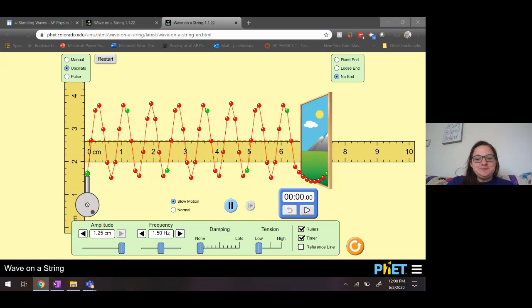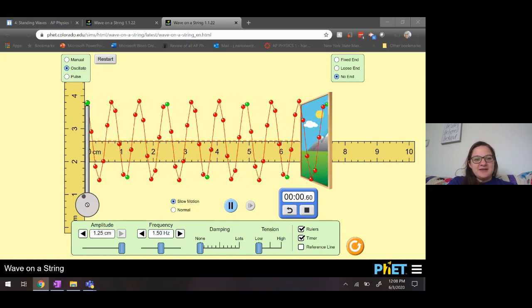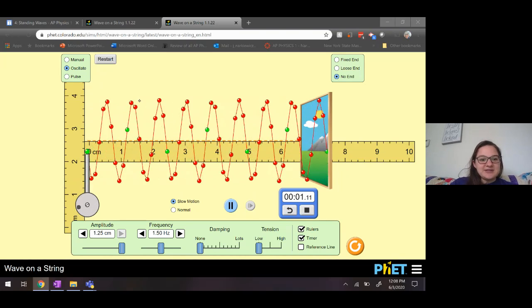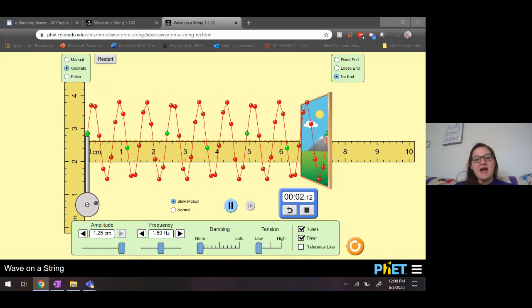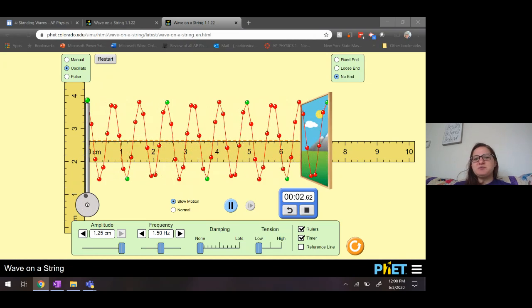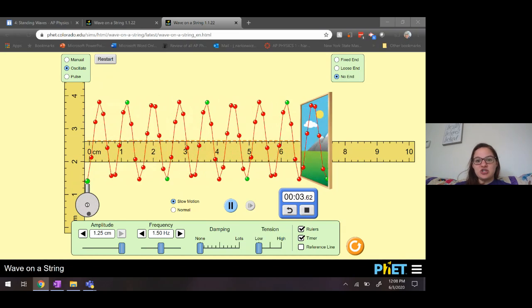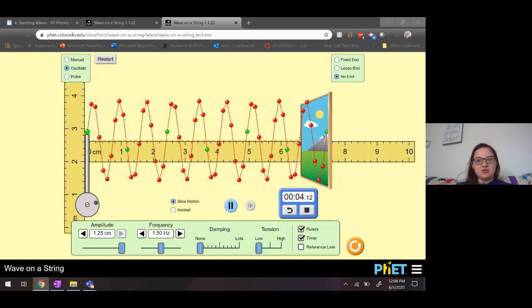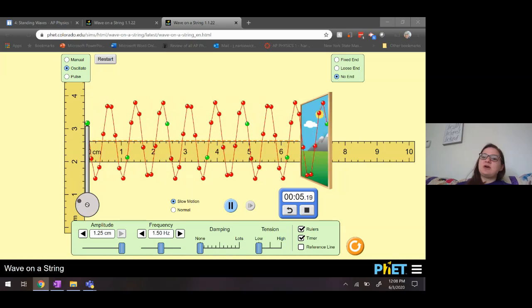So let's follow one. I'm following this one right here. We're already at greater than a second, so it's pretty clear that the speed of our wave has changed. We've decreased the tension, we've decreased the speed, meaning it takes a longer amount of time to travel the same distance.